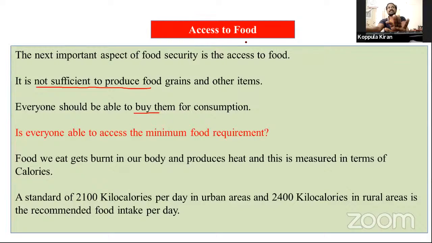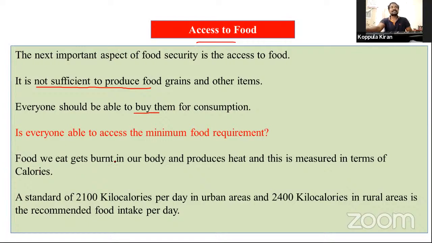That is access to food. First, we have to buy to consume the food grains. Another question: is everyone able to access the minimum food requirement? Is there access or not? Can they get this food or not?